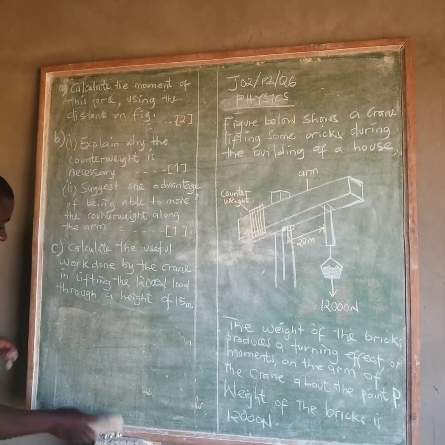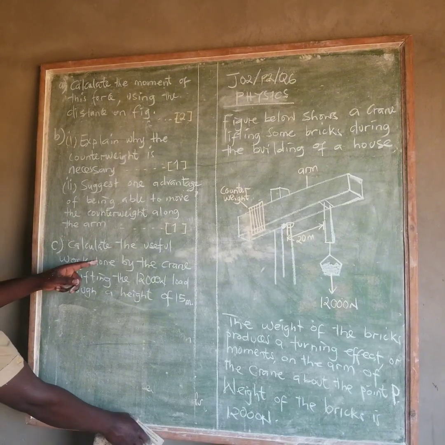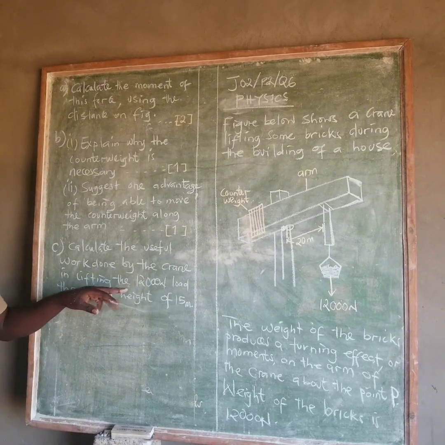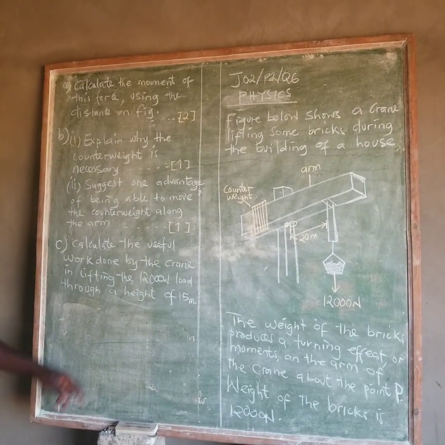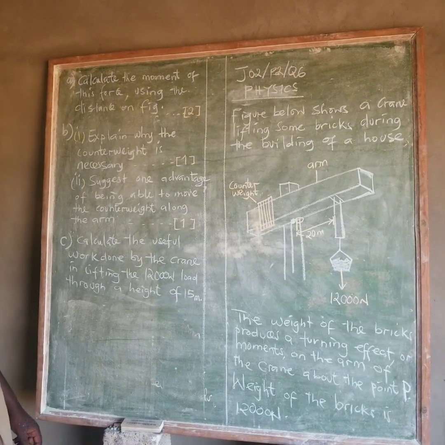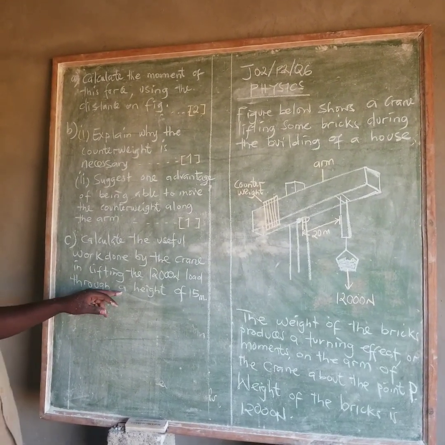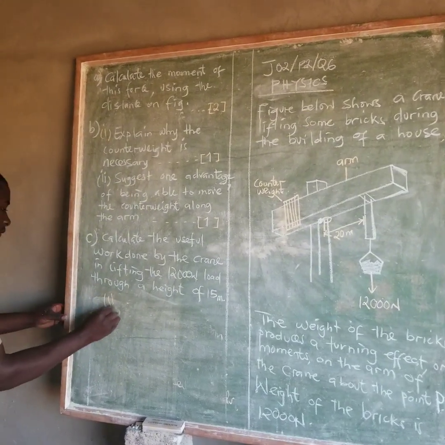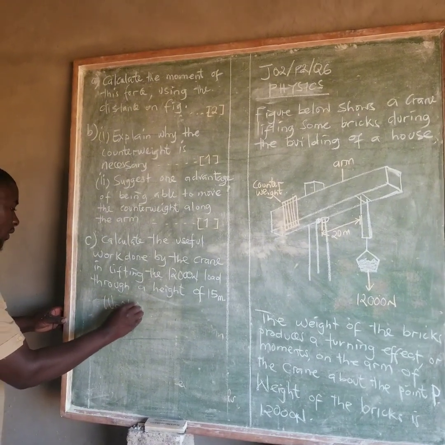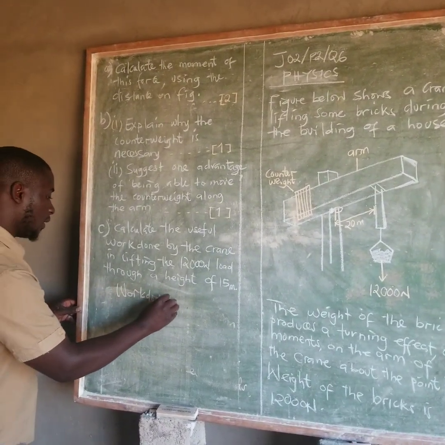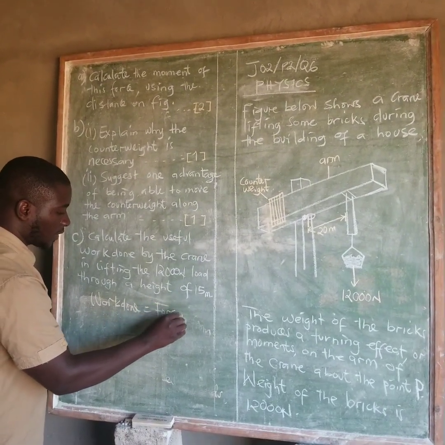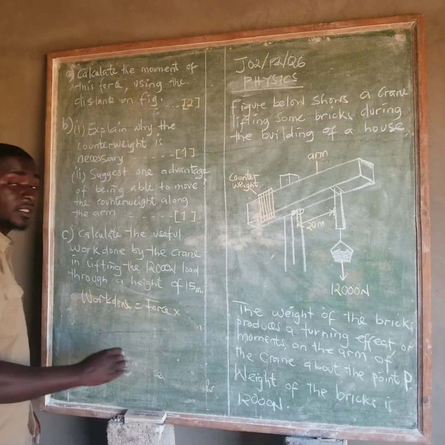The last one here says, calculate the useful work done by the crane in lifting the 12,000 newton load through a height of 15 meters. We know that work done is equal to force times the distance moved.